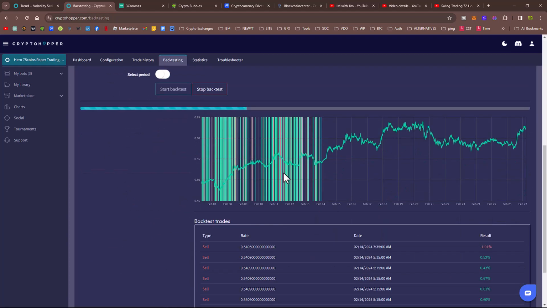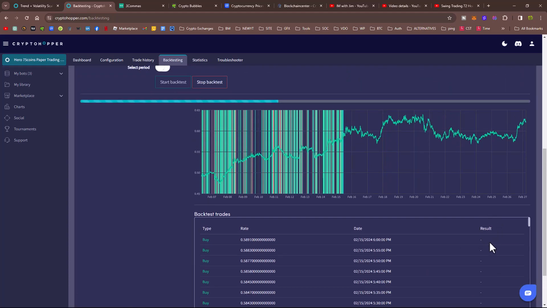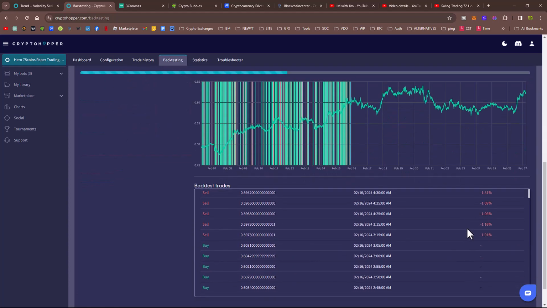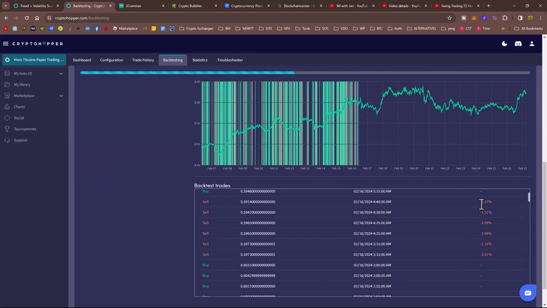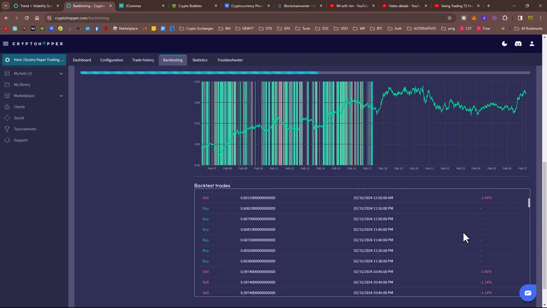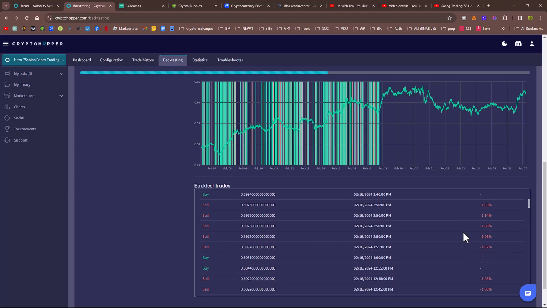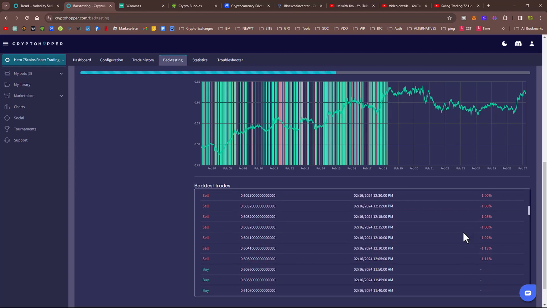It's done lots of trades, look. We've got 5%ers coming in as well, look. We've got a little 0.5%, so the trailing stop loss kicked in, and oh look at this, this is the stop loss, stopping us out at around 1%. A lot of stop losses kicking in.